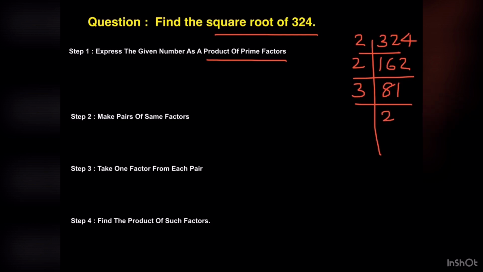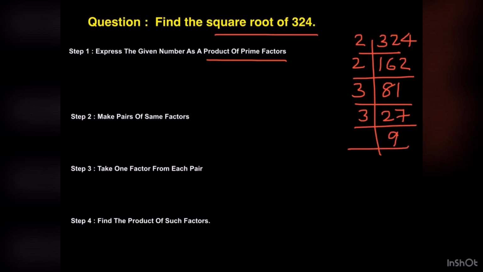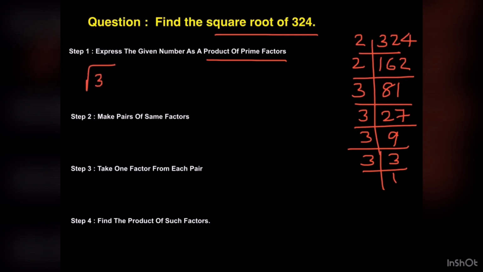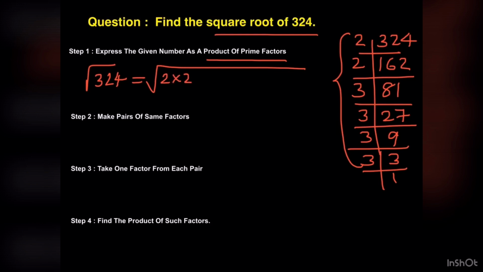3 times 27 gives 81. 27 is also divisible by 3, so we can divide it by 3. 3 times 9 gives 27. 3 times 3 gives 9, and 3 times 1 gives 3. Now we can write square root of 324 as square root of using these prime factors, that is 2 times 2 times 3 times 3 times 3 times 3.